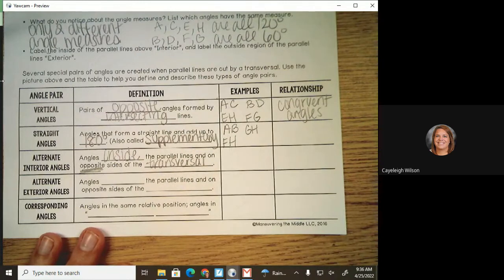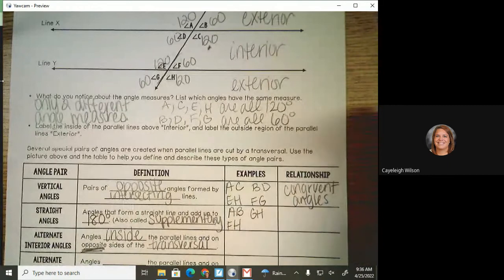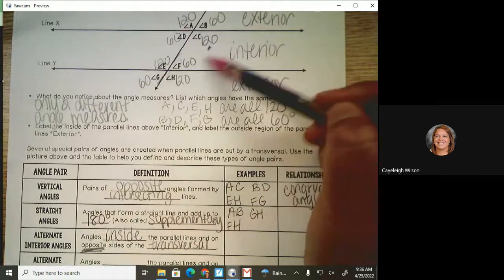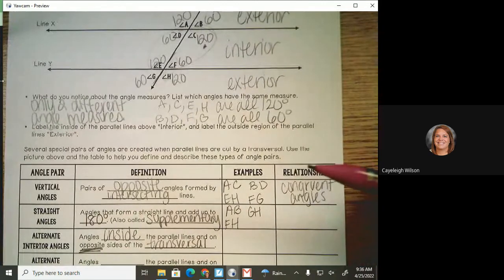So that word opposite is very important. Okay, so I'm going to move my picture back up so we can look at it and find some alternate interior angles. Okay, so my picture, when I'm talking about interior angles, I'm only talking about these four right here because those are the only ones that are interior.